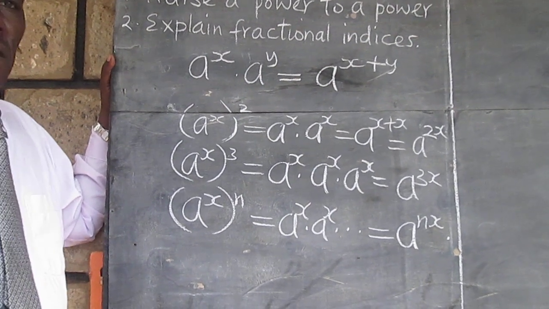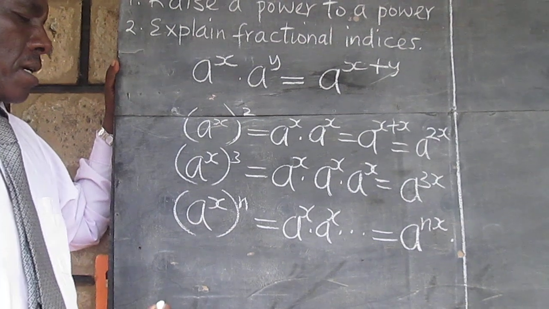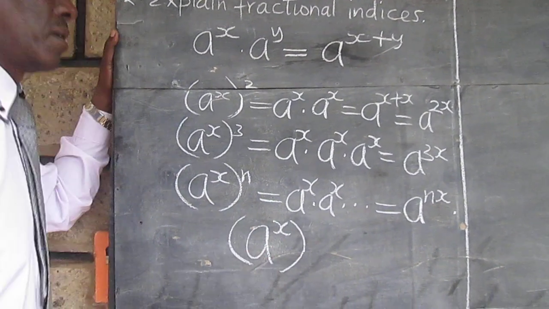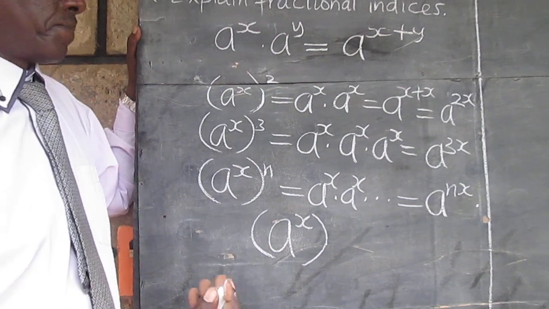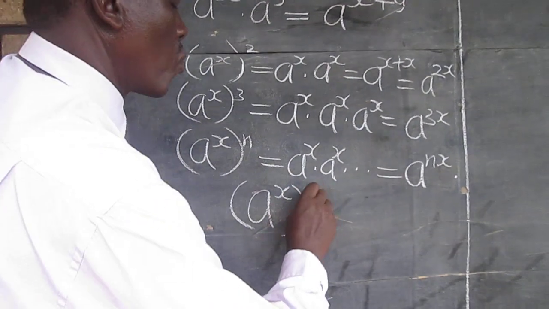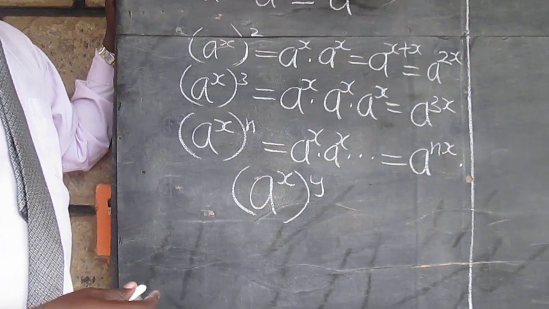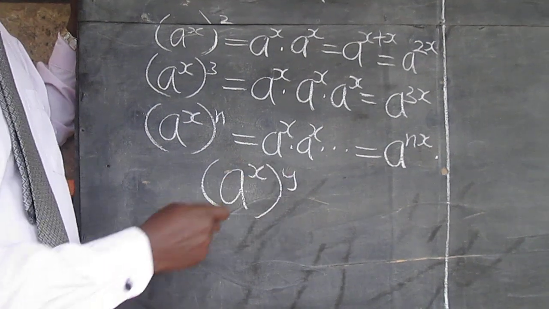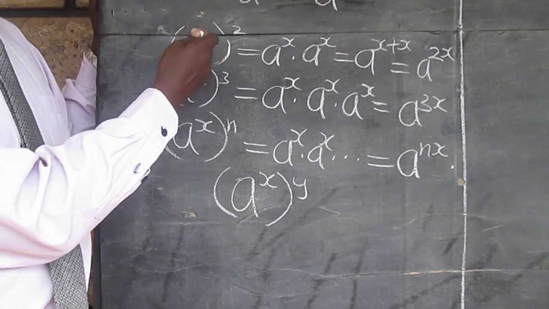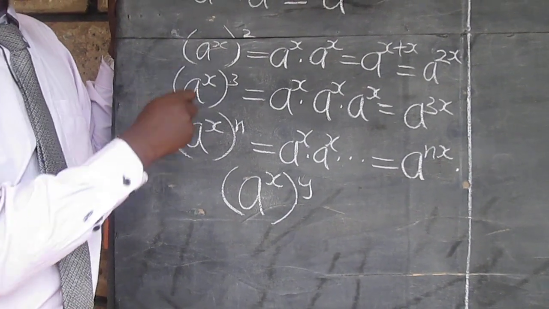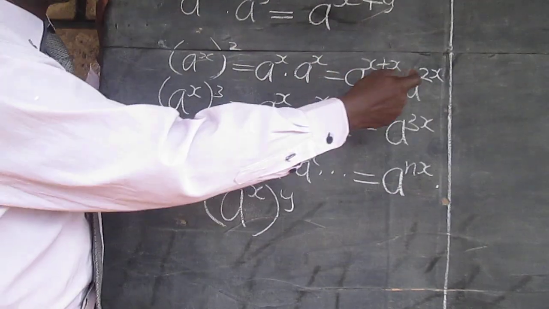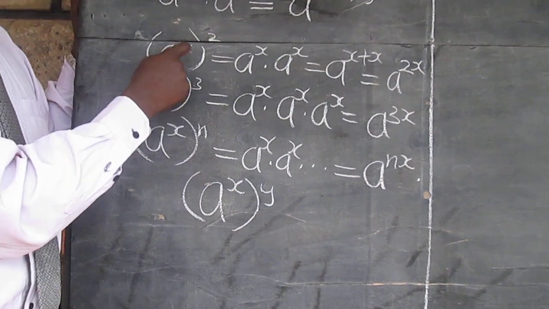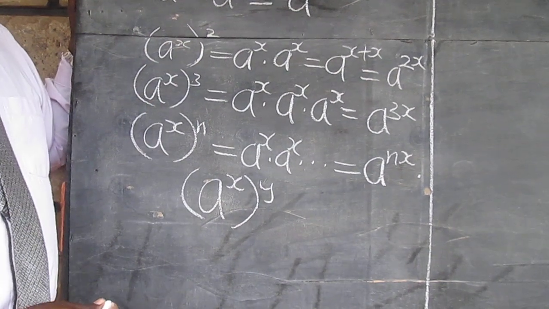And therefore we can generalize that if we have a raised to x and we raise it to y, then all we need to do is multiply x by y, like we have done here. It was a raised to x and we squared, so the final result is 2 times x, or x times 2, whichever way you want to look at it.